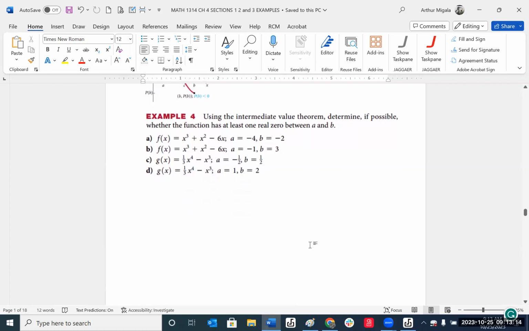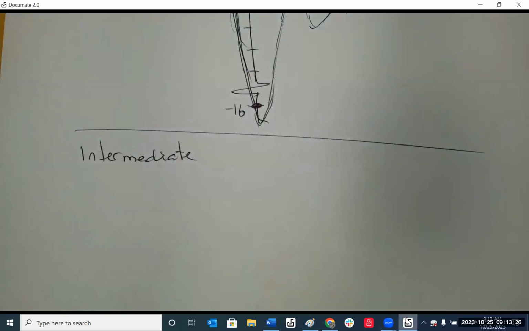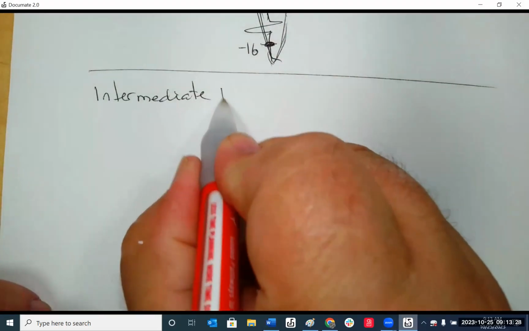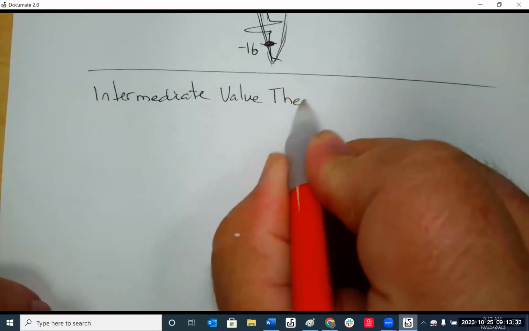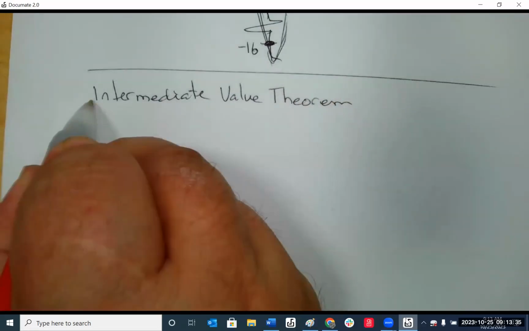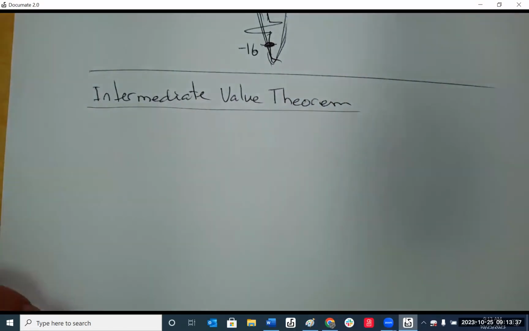Okay. The intermediate value theorem. What the intermediate value theorem tells us is this.